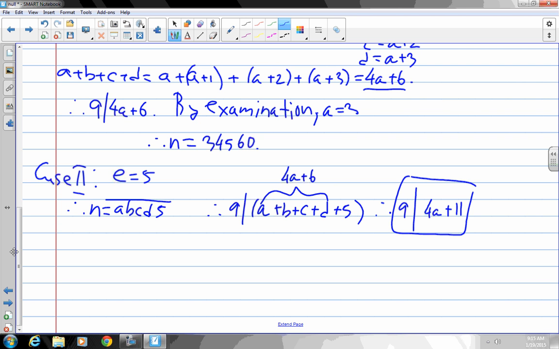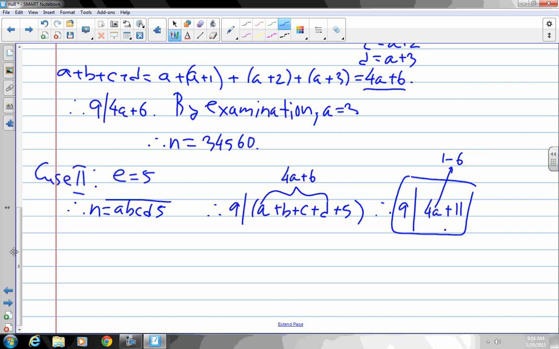We need to find an A. So 4A plus 11 is divisible by 9, right? We'll do it by examination again as before. A can only range from 1 to 6. A cannot be greater than 6, or we won't get consecutive integers. So let's go. A equals 1: 15, doesn't work. A equals 2: 19, doesn't work. A equals 3: 12 plus 11, 23, doesn't work.